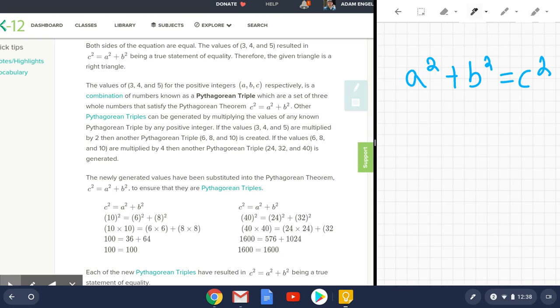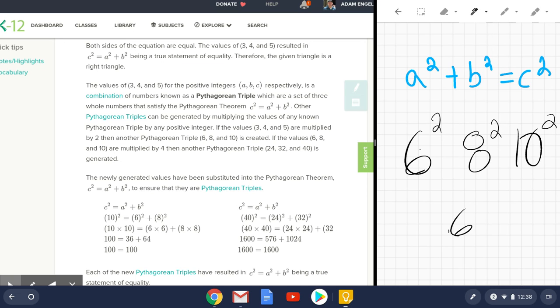So 3 times 2 is 6, 4 times 2 is 8, 5 times 2 is 10, right? We can make this 6 squared plus 8 squared equals 10 squared. So we know that 6 times 6 is 36, 8 times 8 is 64. If we add those together, we're going to get 10 squared, which is 100.